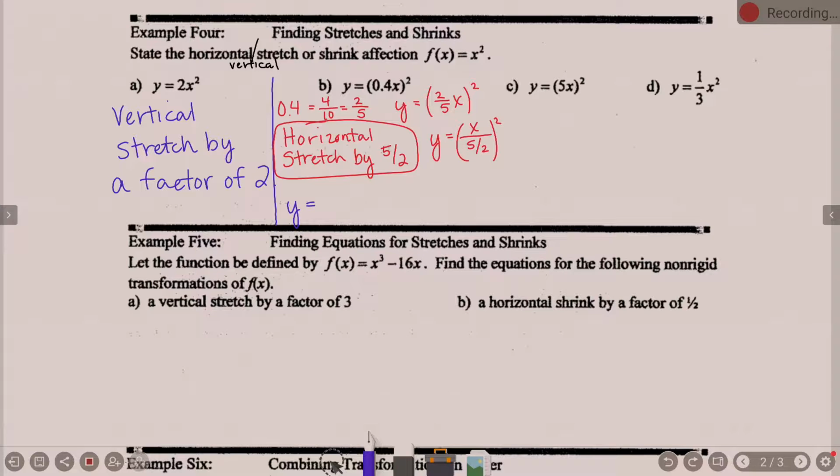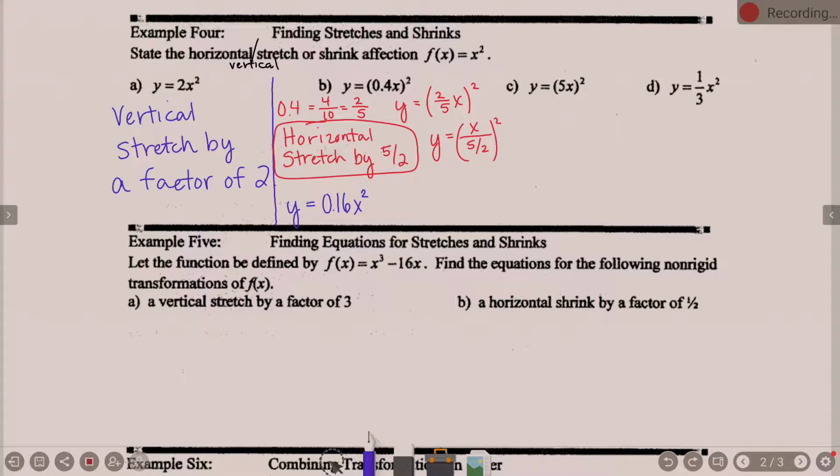What is 0.4x raised to the power of 2? As in, what is 0.4 times 0.4? 0.16. 0.16 x squared. If it was written in this form, I'm trying to show the difference here.